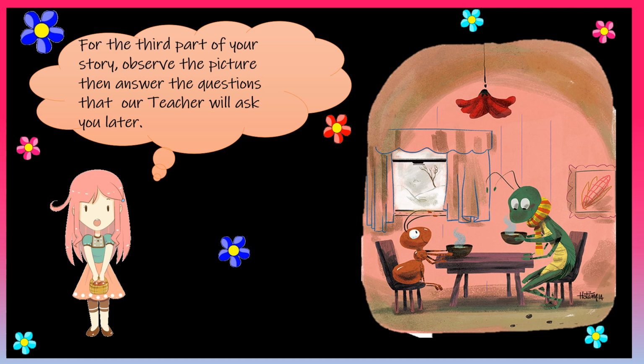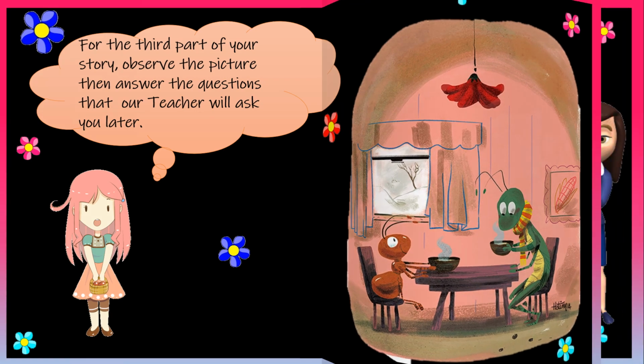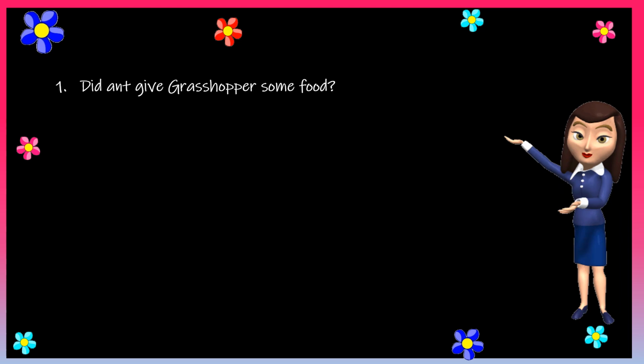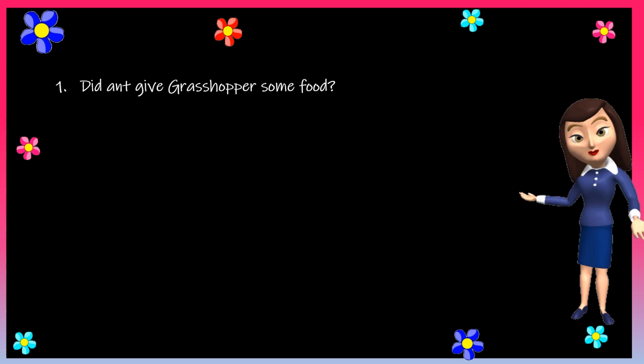What can you see? Yes, all right. So now let's answer the last questions for you there. So here it is. Did Ant give Grasshopper some food? Of course, he did.